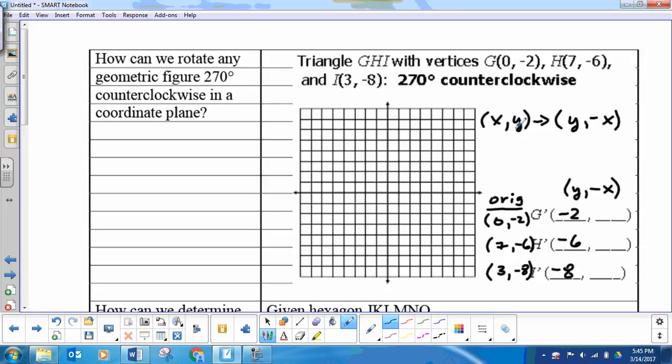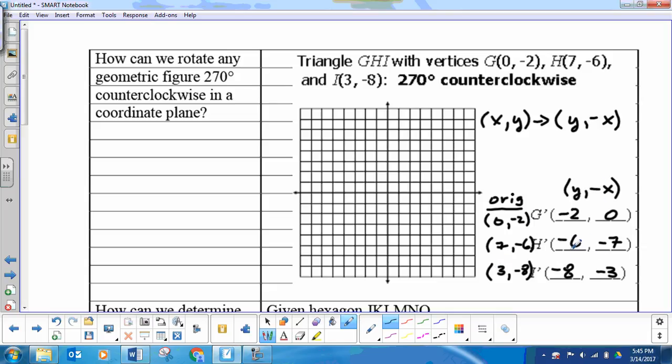And then we're going to take what originally was the x, change the sign, and dump it into the y value. So if we change the sign of 0, we're not doing anything to it. We're just leaving it 0. Changing the sign of 7 turns into a -7, and then we've got a -3. So these are our pre-image points, and then here are our image points.